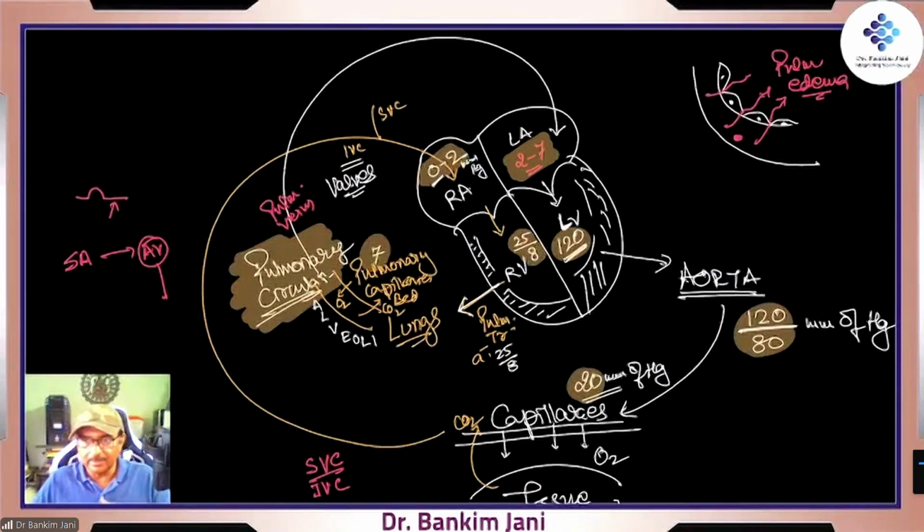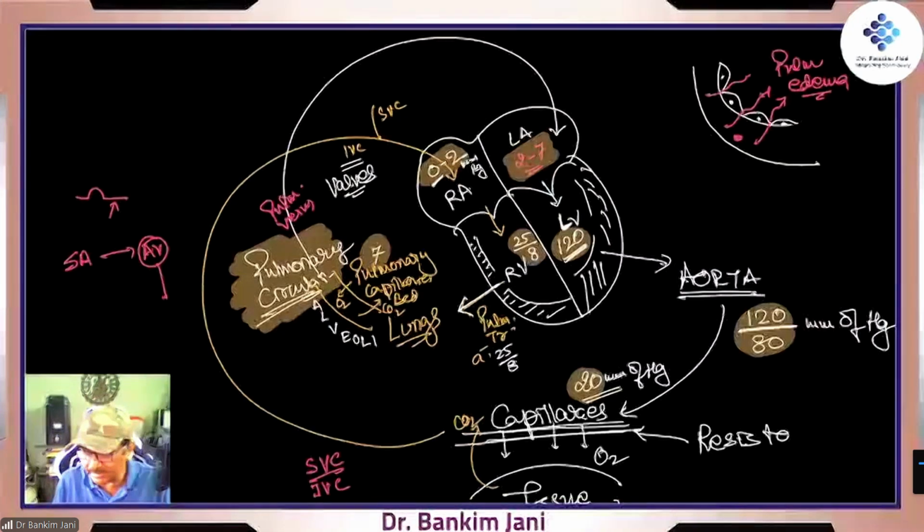Got it? Because it is a continuous process. Under high pressure the blood comes, then that pressure decreases, and it trickles comfortably. Then once again, when it comes to the left ventricle, the ventricle contracts and pushes again. But that entire push is eaten by those capillaries. So this is the area of resistance.